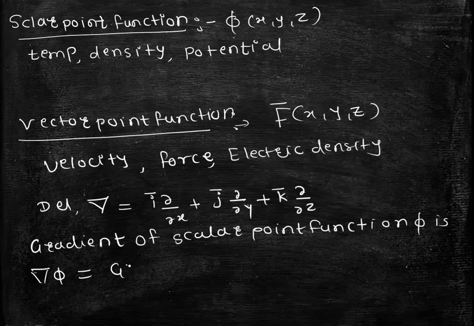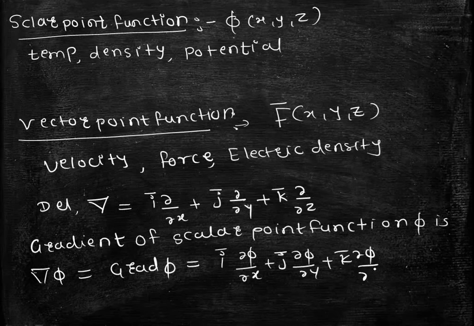That is i bar times delta phi by delta x plus j bar times delta phi by delta y plus k bar times delta phi by delta z. That is known as the gradient of phi, or grad phi, or del phi. That is a very important concept, required for finding the directional derivative.